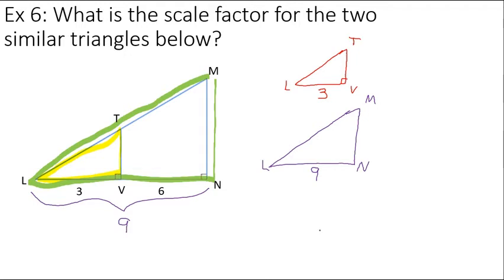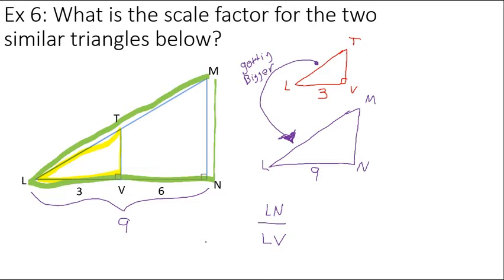Okay, so the scale factor here. The way you figure out what the scale factor is, you have to figure out which triangle we're going from and to. So here we're going from here to here. So the triangle is getting bigger. The way we set up our proportion is I'm going to start off by putting LN over LV.